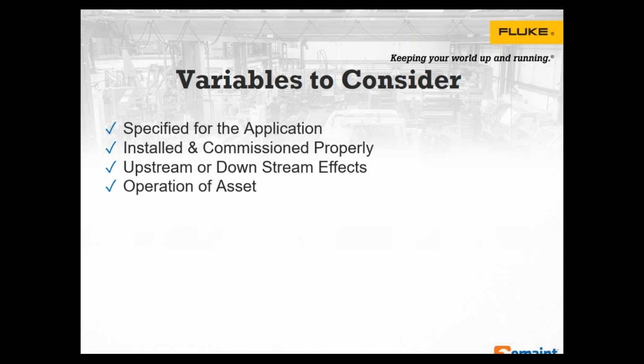Another variable to consider is the operation of that asset. Is it being controlled by a programmable logic controller, or is an operator actually running it? I used to like visiting the tire manufacturers and watching the operators introduce rubber into a calendar. There's an HMI and the operator is controlling the amount of rubber in this process themselves.